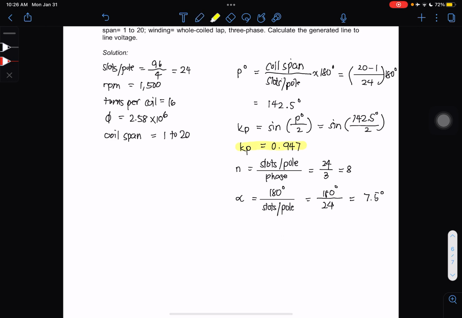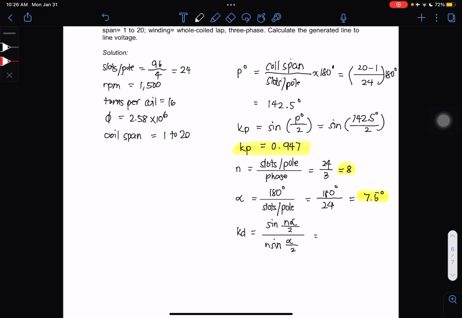Take note, we have our Kp, and to solve for Kd, since we have N and our alpha, Kd is equal to sine of N times alpha divided by 2, over N sine of alpha over 2.